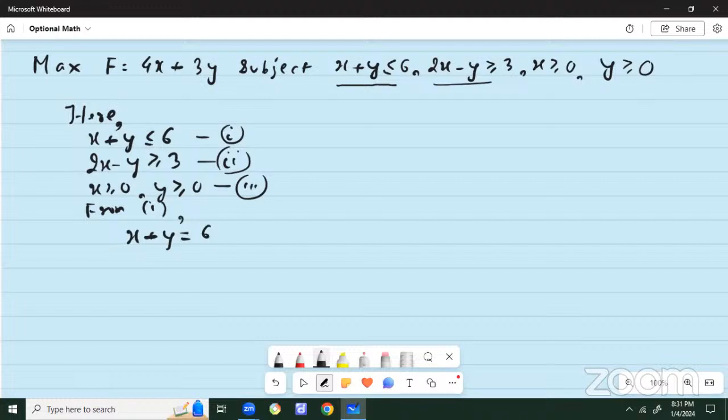That's the first step. Now, after the first step, from the equation, not from the inequation, what are we supposed to do here? What is the next step?